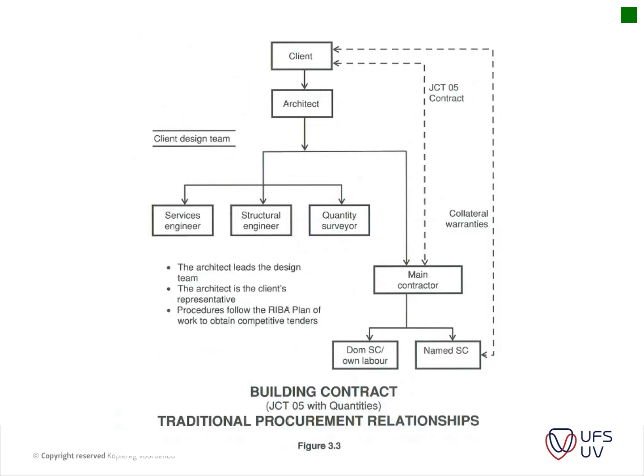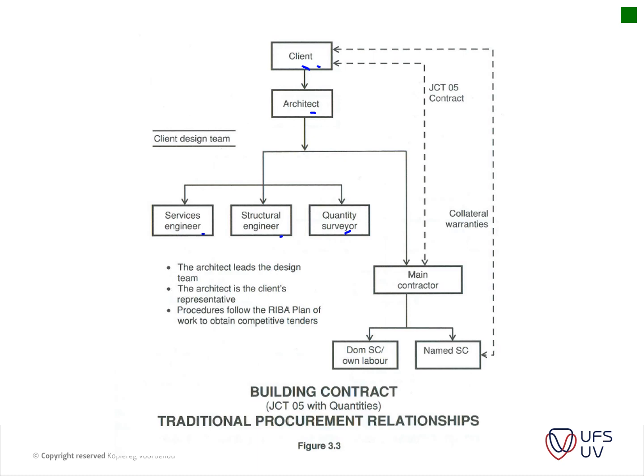Okay, then we look at the building contract. The traditional procurement method is where you have your client here at the top. He usually appoints an architect or principal agent, and then he advises who the client should appoint. So you have your services engineer, structural engineer, your QSs, and so forth.